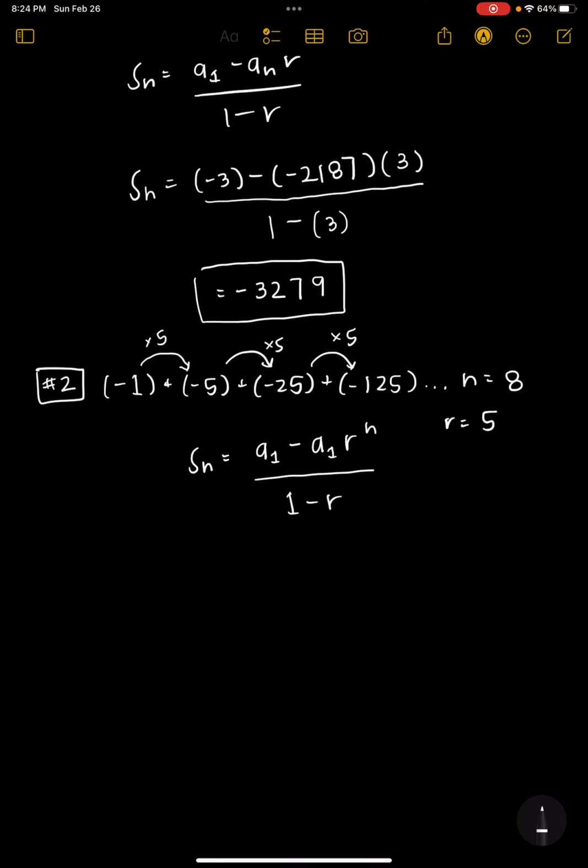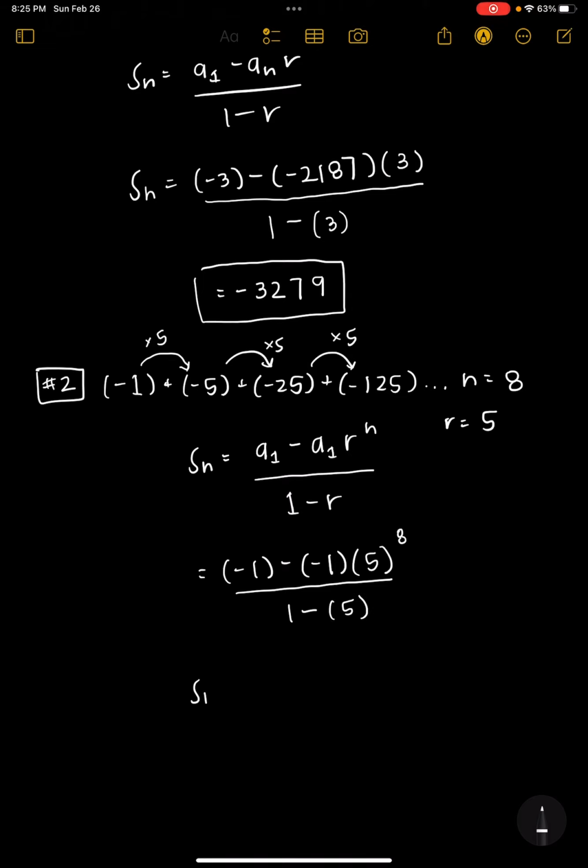Now we should be able to plug everything in. Our a sub 1 is negative 1 minus a sub 1 again times your r, which we just decided was 5, to the power of n. They told us that n is 8, over 1 minus your r, which is 5.